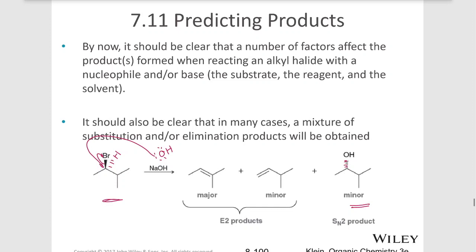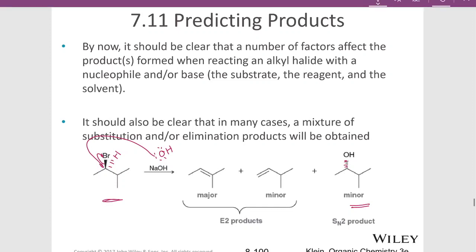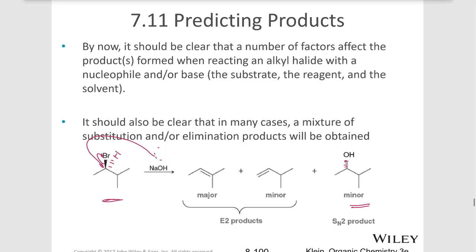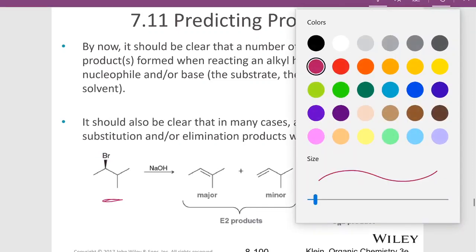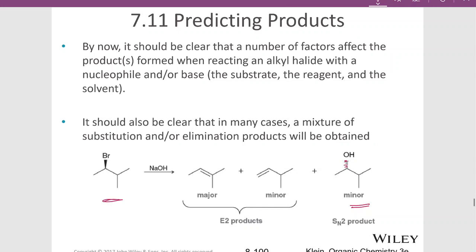But if our reagent is acting not as a nucleophile, but rather as a base, and in this case it can act as a base, we know that sodium hydroxide is in fact a base. If it's acting as a base, it can pull off a beta hydrogen, and we can get an elimination reaction via an E2 mechanism.